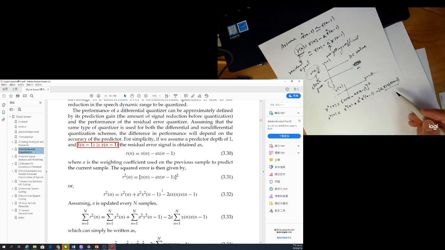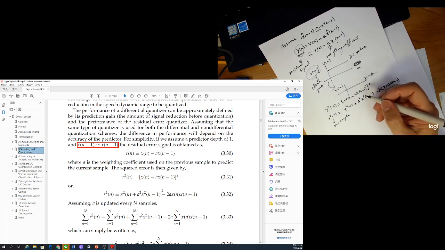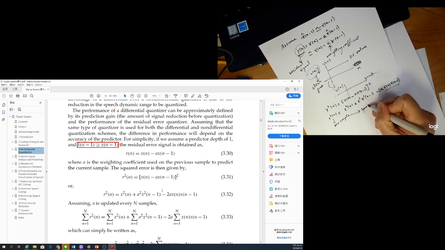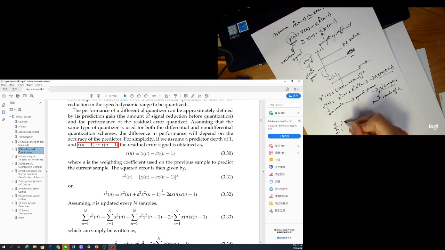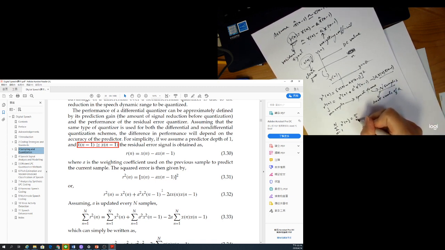This is just one sample. Then we consider one speech frame including n samples, and according to the n samples we try to find the best value of A. So we can take the summation here, n equals 1 to N, and the total distortion will be the summation together.